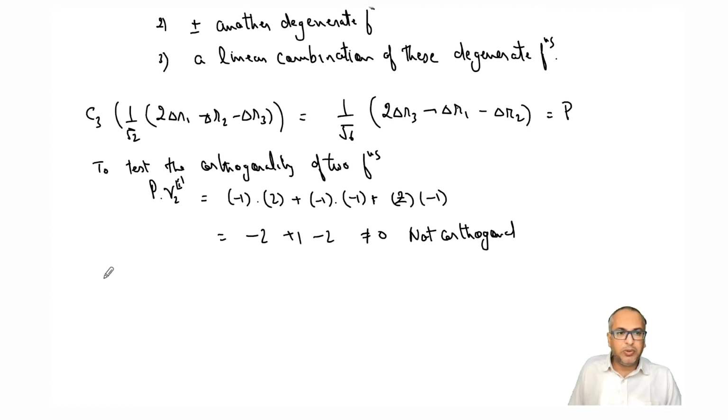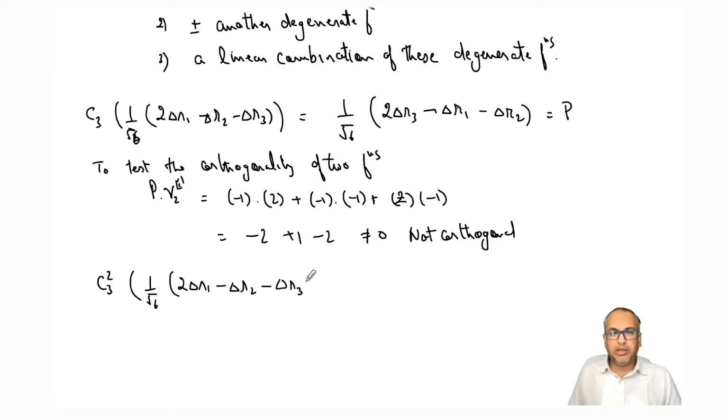So let us now do a C3 squared operation on the same function, 1 over root 6 times 2 delta R1 minus delta R2 minus delta R3. Now what do I get here? I'll get 2 delta R2 minus delta R3 minus delta R1.